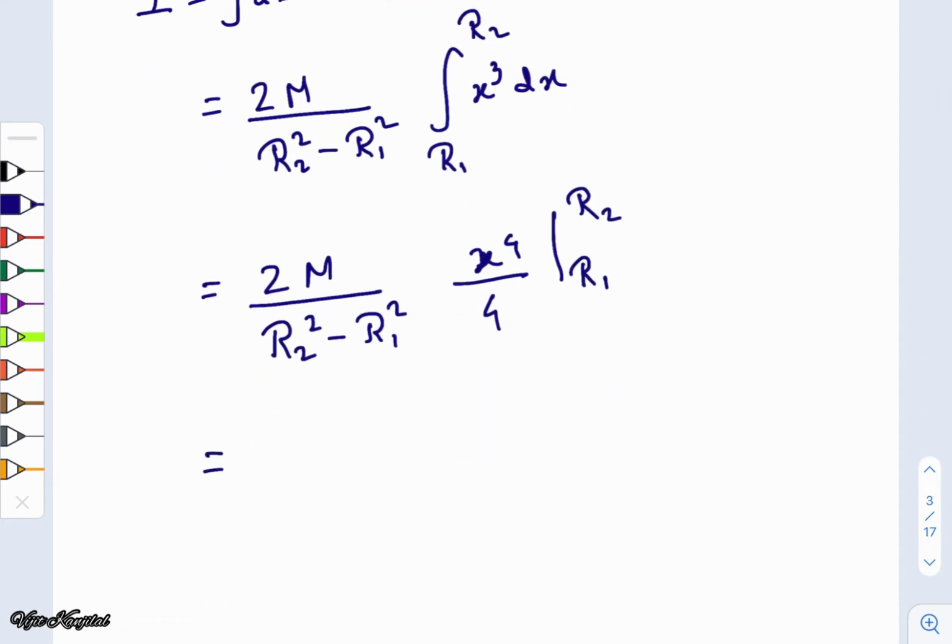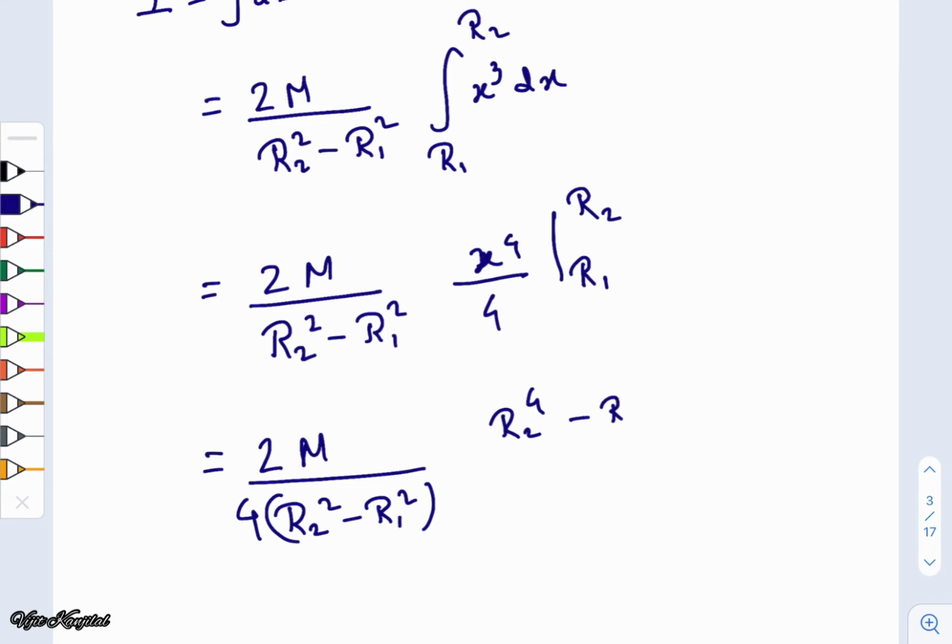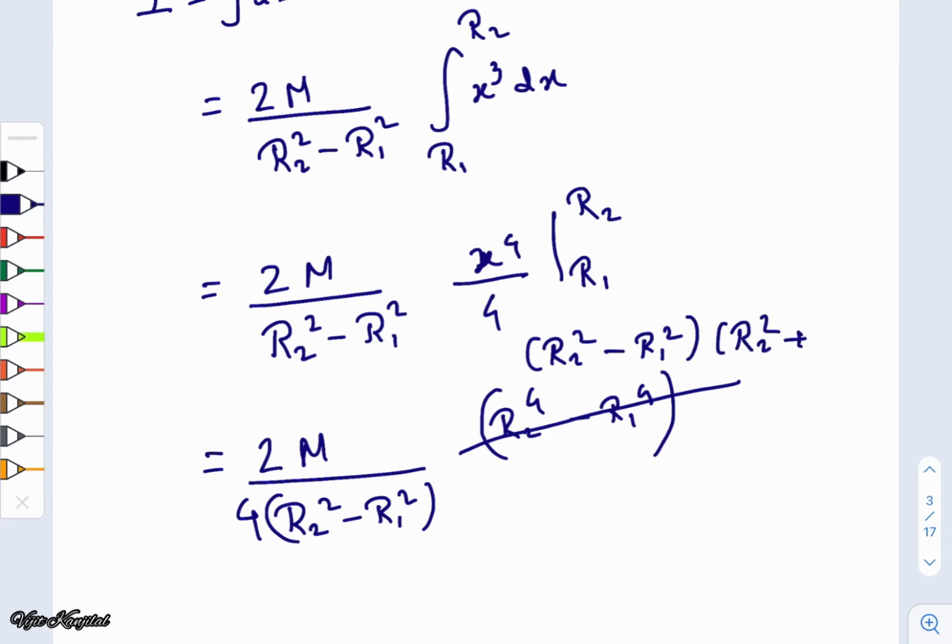So let us simplify this. 2m by (r2 square minus r1 square) times (r2 to the power 4 minus r1 to the power 4) by 4. Now we can simplify this particular term as (r2 square minus r1 square) times (r2 square plus r1 square).